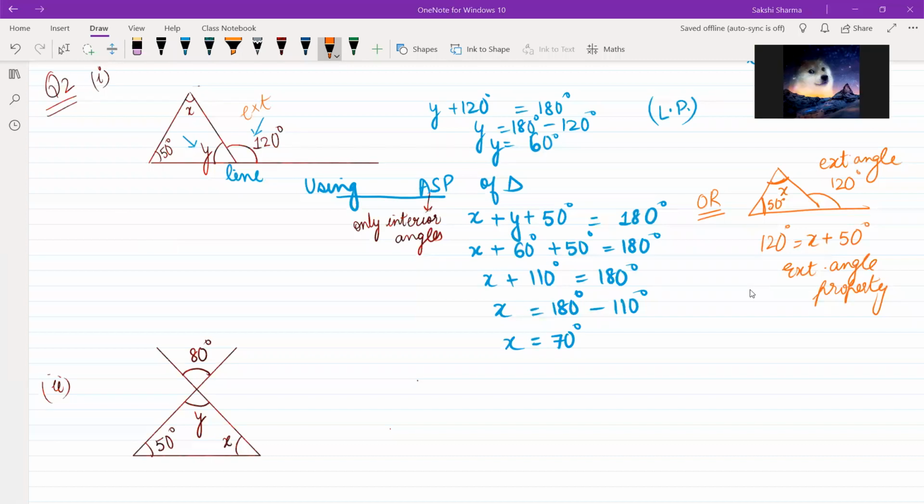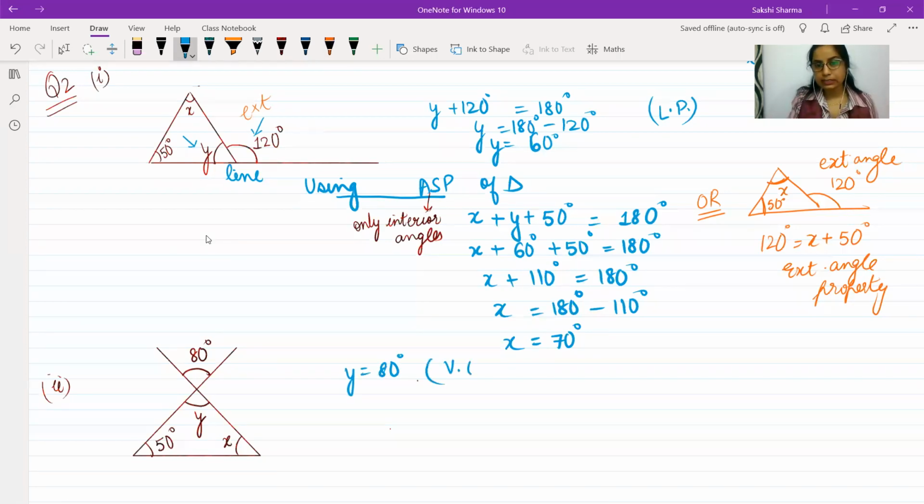Ma'am, x is equal to 50 degrees. X is equal to 50 degrees, that's correct. Let's write the answer. The value for y equals 80 degrees. The reason is these are vertically opposite angles, so they will be equal. Then I'm going to use the angle sum property in the triangle.